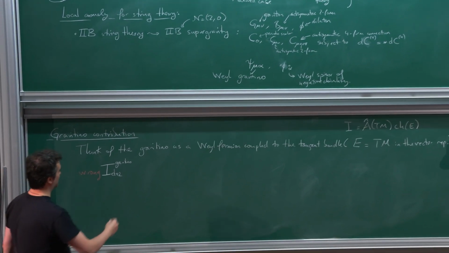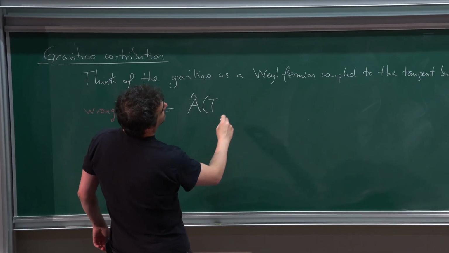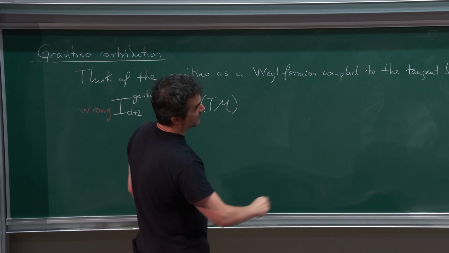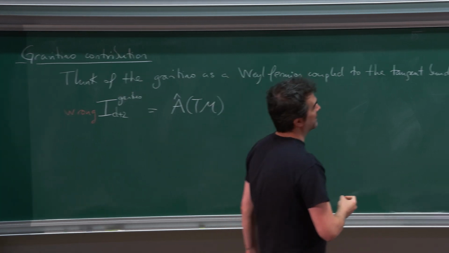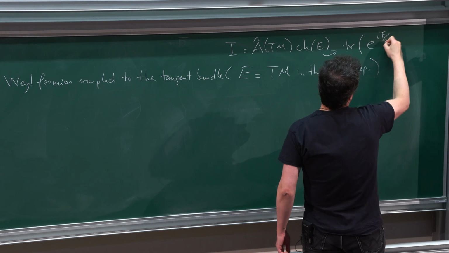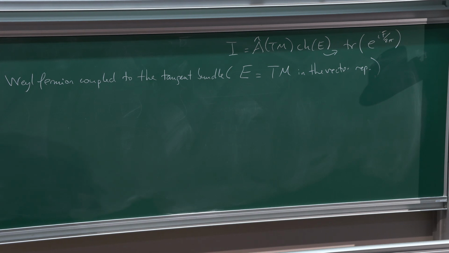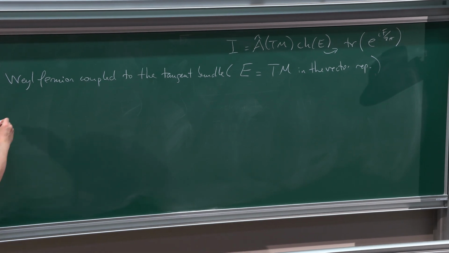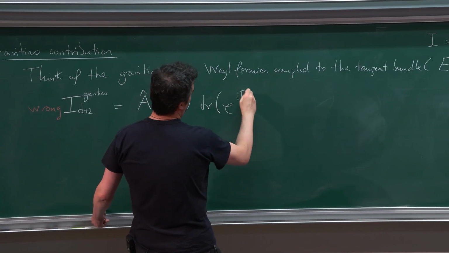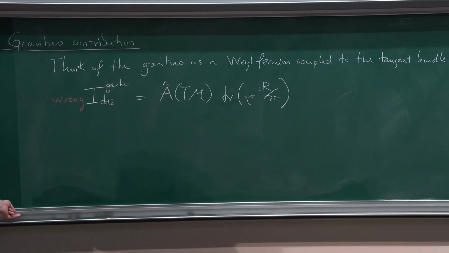But this is my first approximation to a formula, which is going to be A hat of the tangent bundle of my manifold M, some 12-dimensional manifold, times the Chern character of E. Remember the Chern character here was trace of e to the iF divided by 2 pi. If I'm coupling to the tangent bundle, my F is R, the curvature 2-form. So this is trace of e to the iR divided by 2 pi. So this is almost correct.